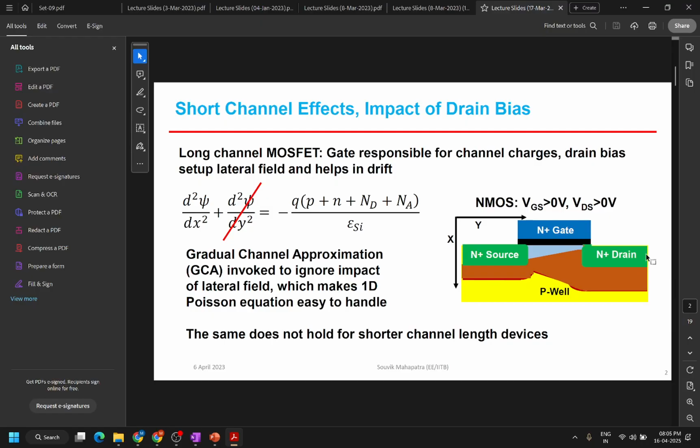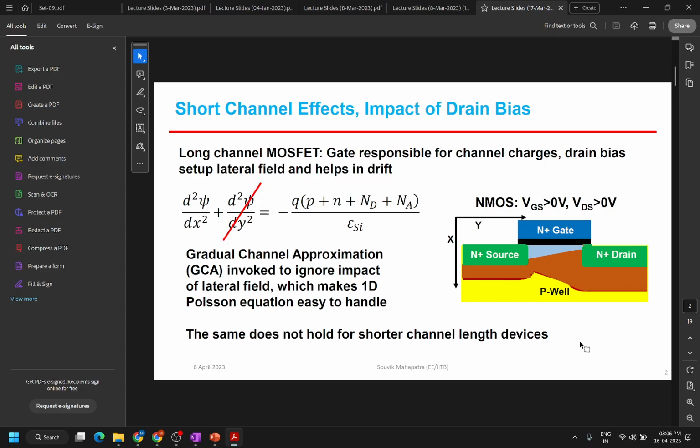We are giving a voltage on the drain, so that will also create an electric field between drain and source. But we assume that our channel is long enough that the change in electric field in the lateral direction is very low, and we can ignore its effects. That is called the gradual channel approximation.